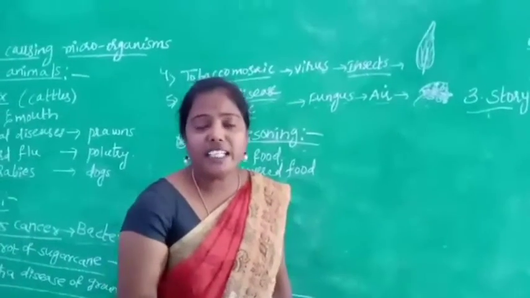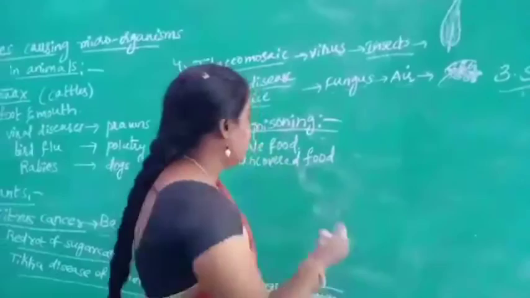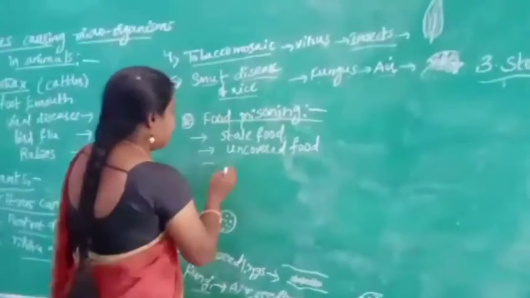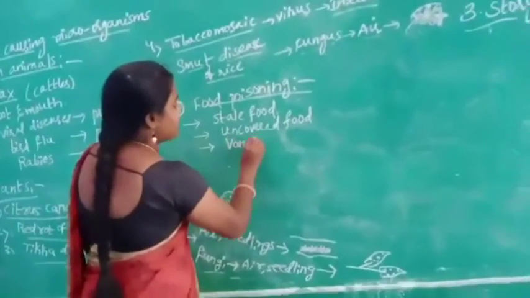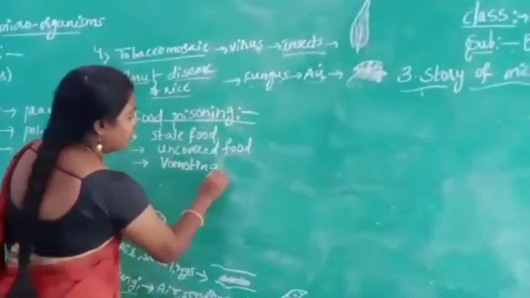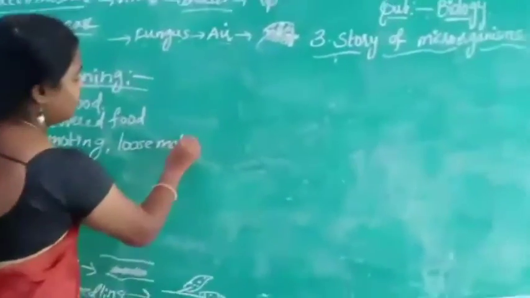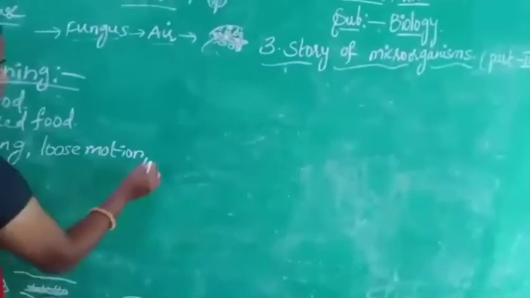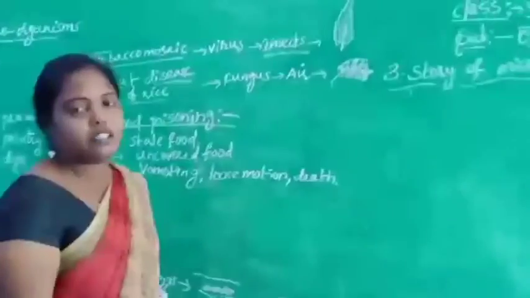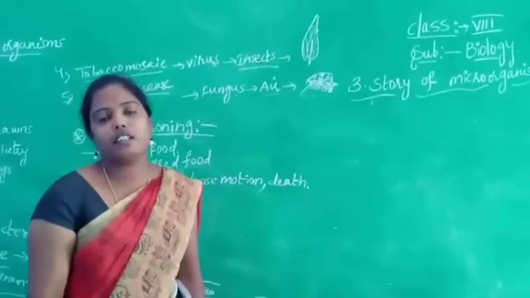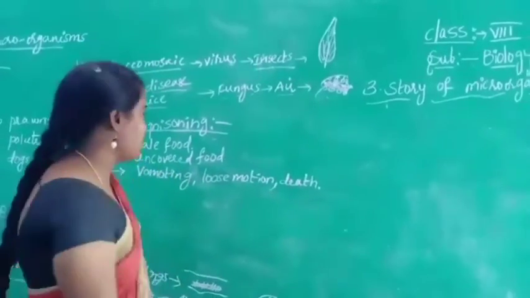So when we eat that food, we get diseases, and stale and uncovered food leads to vomitings, loose motions, even sometimes death. So that's why, children, please eat good food. Don't eat preserved food in open places.